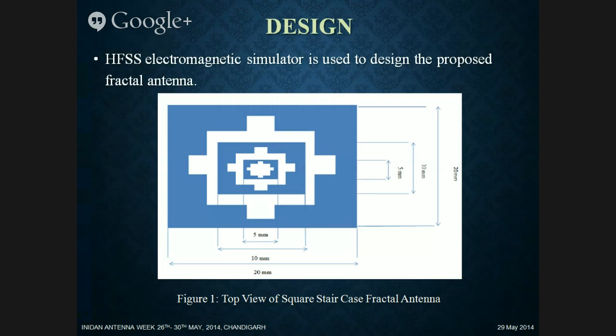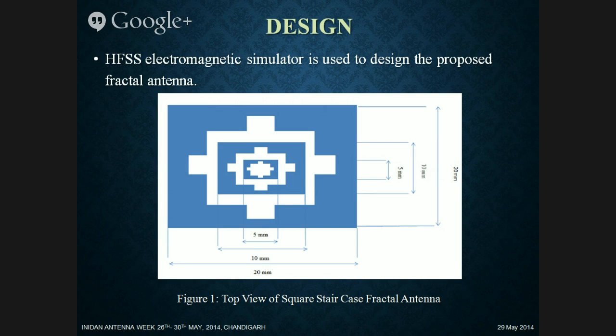This is the design which was designed in HFSS electromagnetic software. As you see from the figure, the dimensions of the antenna are 20 mm by 20 mm. Now we have done two iterations in the fractal antenna. The outermost is the first iteration, the inner second ring in the inner structure is the first iteration, and the last one is the second iteration.